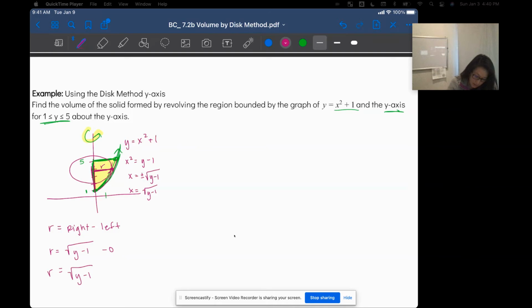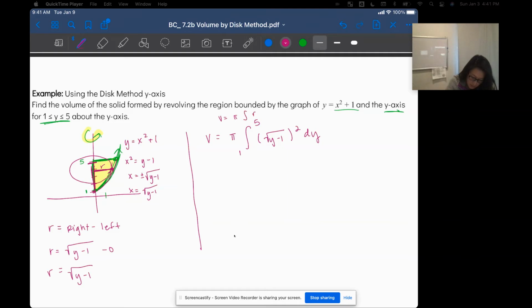Now we can find the volume of our figure. So lots of circles added together. So it's pi times the integral from the lower bound y is equal to 1 to the upper bound y is equal to 5 of the radius squared, the square root of y minus 1 squared dy.